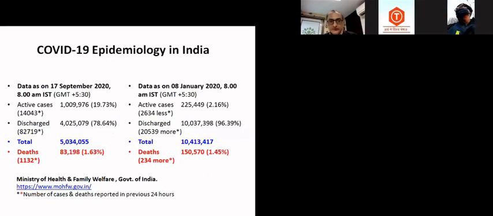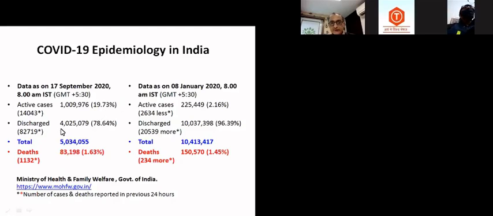Let's have a little about the epidemiology. Most of you must be checking, who are really interested in the facts and figures, how many cases we had. If you see the comparison between these two columns on 17th of September and 8th of January, the active number of cases had decreased.